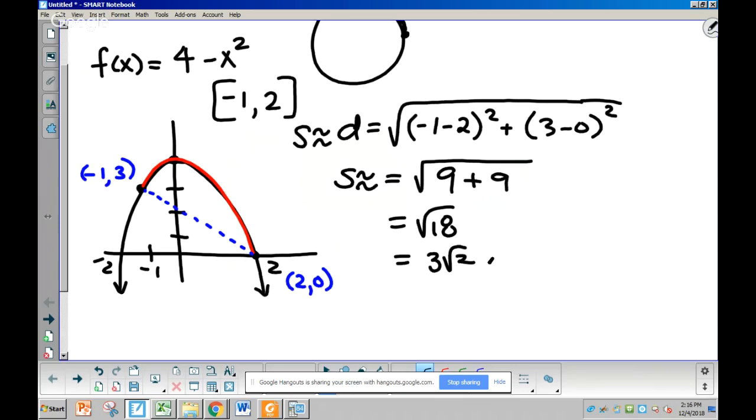You're going to tell me what this is approximately. 4.24. I need 3 decimal places for AP calculator. 4.243 units.